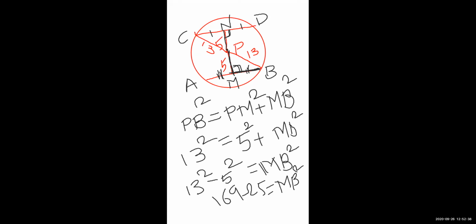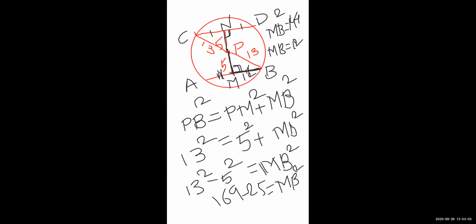So what do we get? MB squared is equal to 144, and take the square root of both sides. You will get MB is equal to 12 centimeter. Okay. So MB is 12 centimeter. But MB is half of AB.